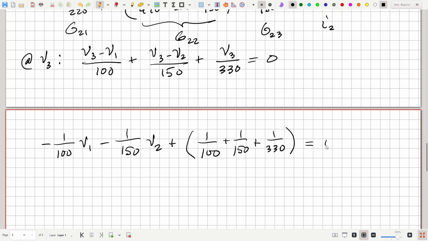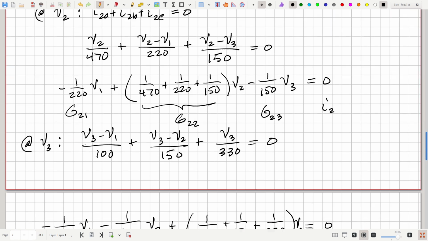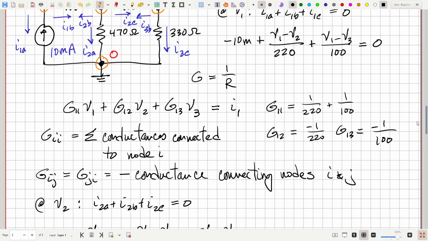And that's got to be equal to 0. And that should be times V3, sorry. So this will be G33, this will be G31, and this will be G32. Okay, so now we stack, and here would be I3, which would be 0. So the only non-zero right-hand side term is the I1, which is 10 milli.